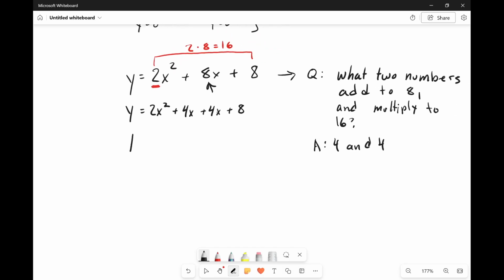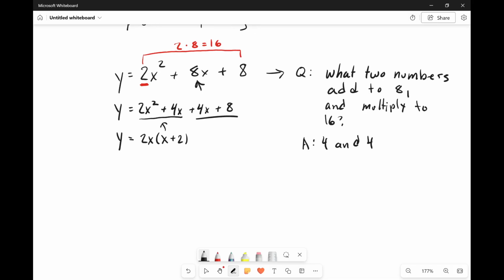So what we can do here in this section is we can say y equals 2x, x plus 2. So what we did is we divided 2 and x out, and we're left with this. And if we multiply it back in, we'll get this again.